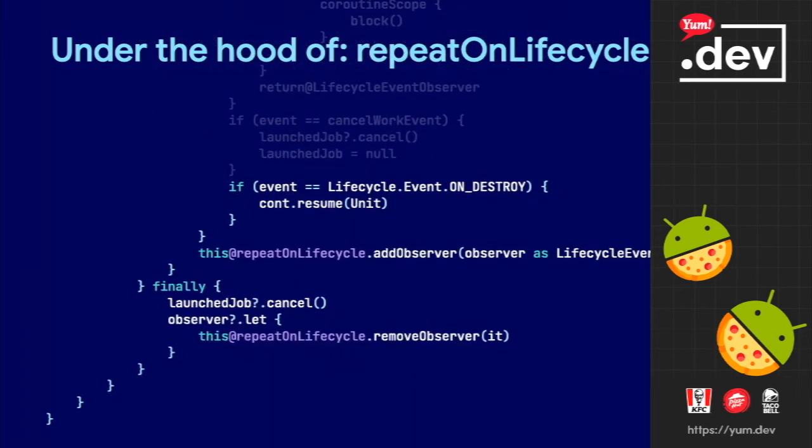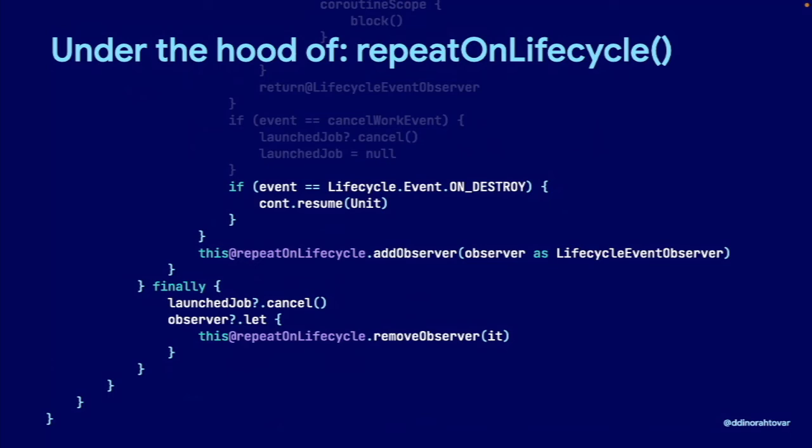And finally, you are going to add the observer to your lifecycle event observer. This function is also a function on your LiveData. And if everything goes wrong, because everything can happen in the funny world of flows, LiveData and lifecycle owners, you can also remove the observer if there is a crash in that try and catch. So that's what happens inside repeatOnLifecycle.